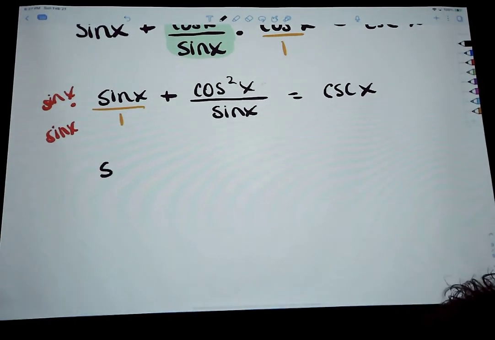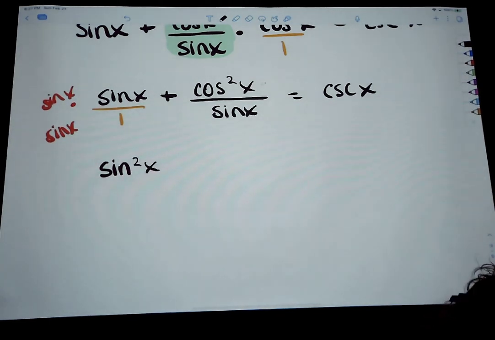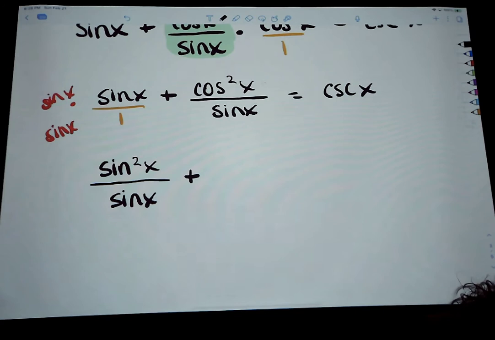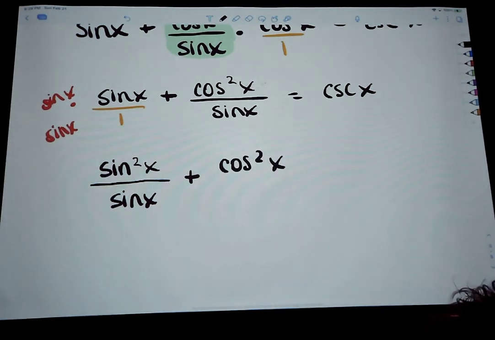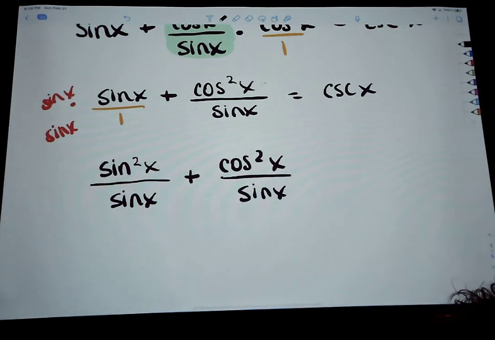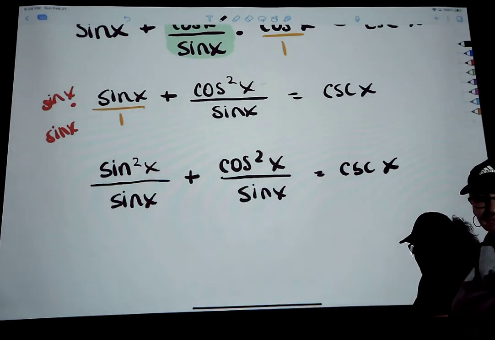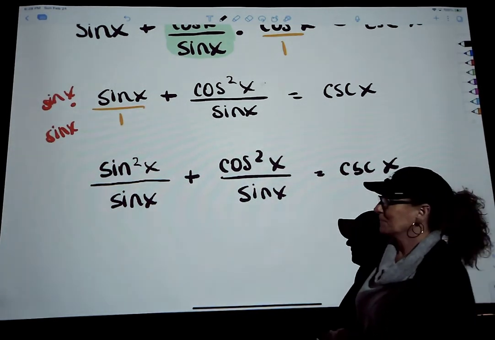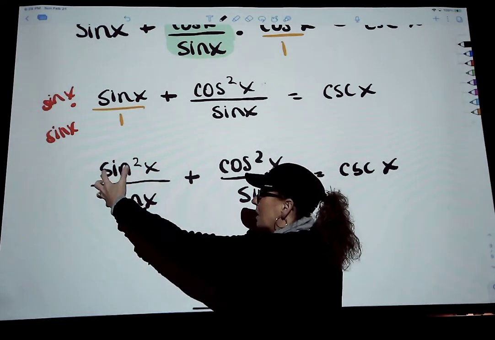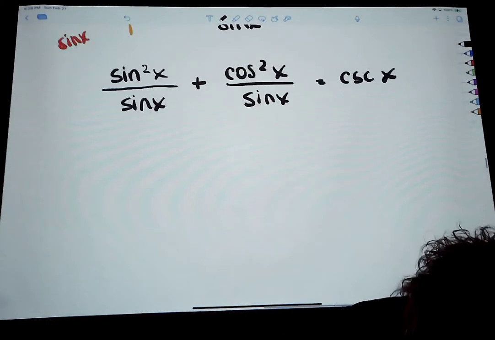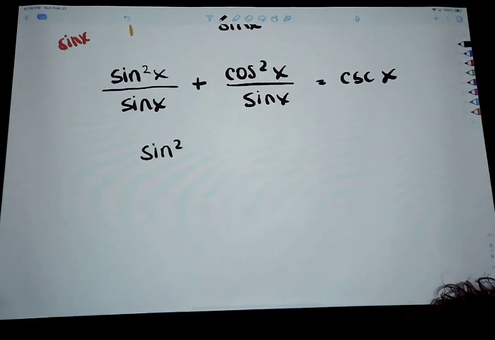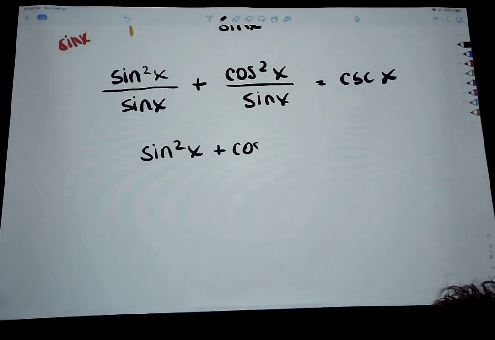So I've got sine squared on top and just a plain sine on the bottom. Yes? Okay. Common denominator. Woohoo! Combine your fractions together. On top, I get sine squared x plus cosine squared x.